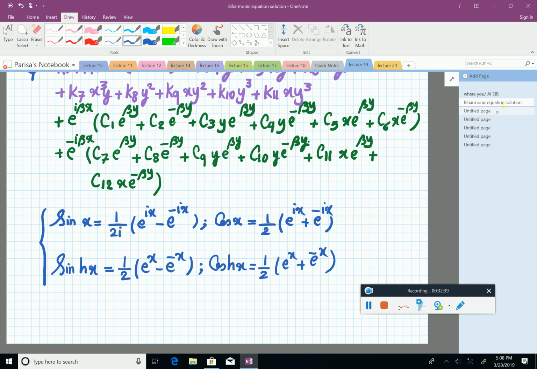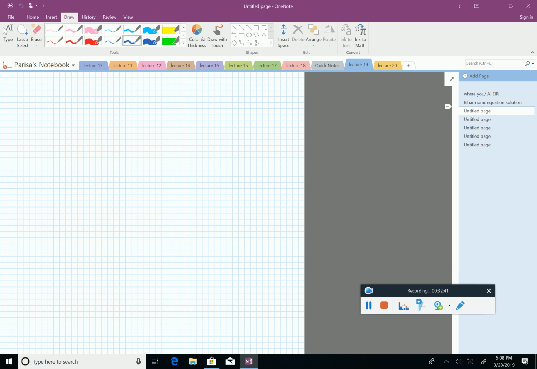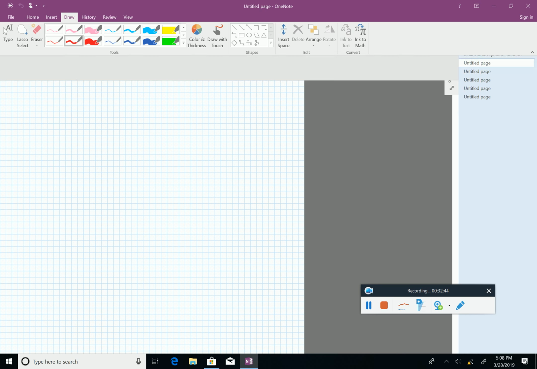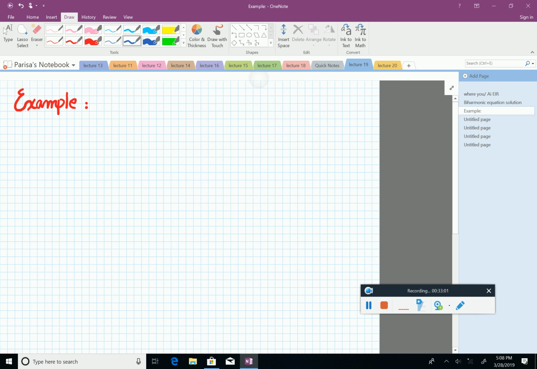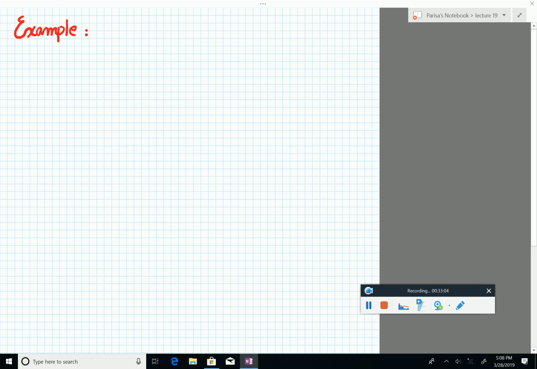Okay, so example. This example is quite interesting. Needs some patience. Not everything is as easy as the polynomial solutions, but it's quite interesting. So consider a case of a plane.